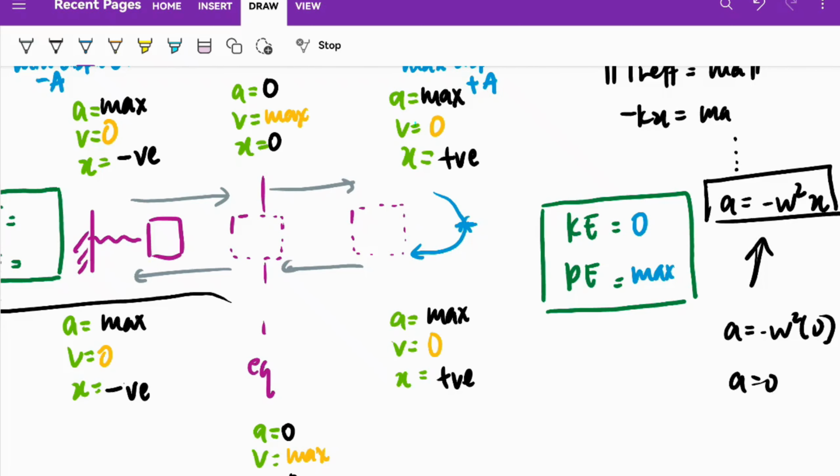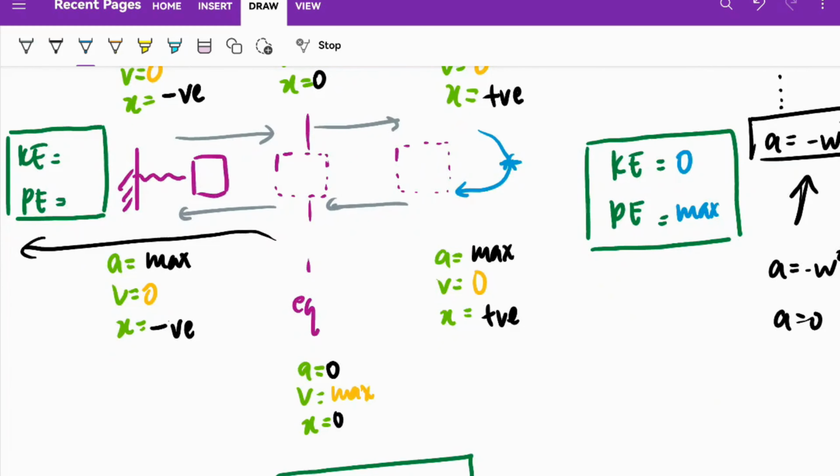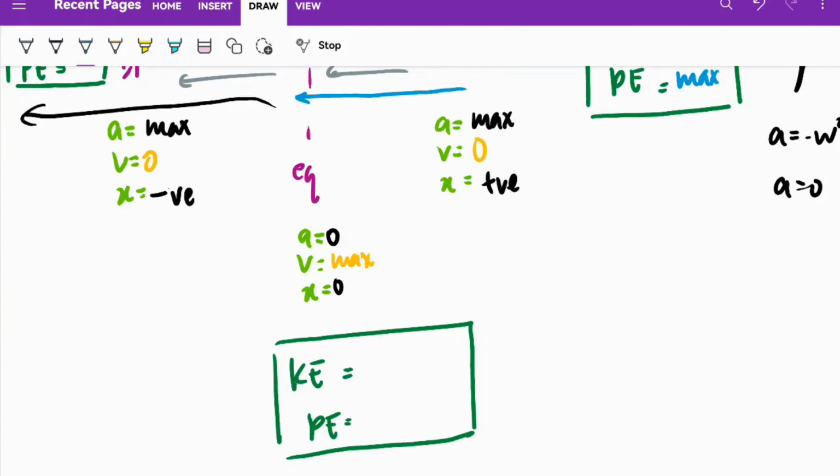Okay, now after this point, it's going to come to equilibrium. As it moves towards equilibrium, your PE will start to decrease and your KE will start to increase. Why? Because at the equilibrium position, your spring is not stretched or compressed. It stores no elastic energy.